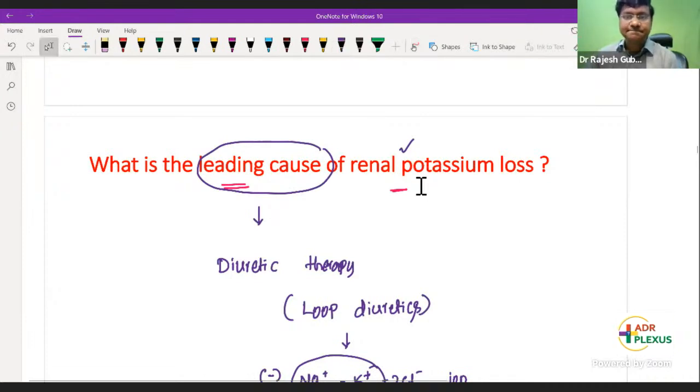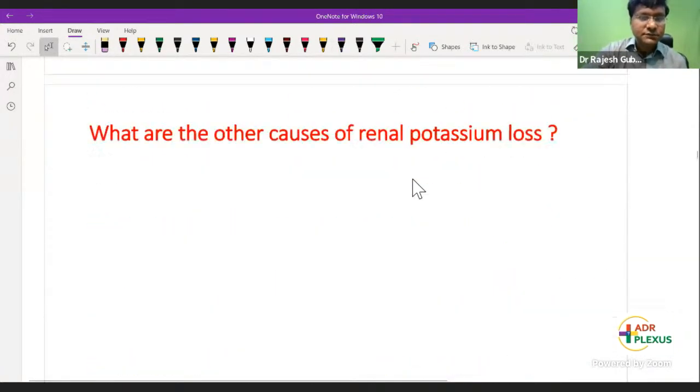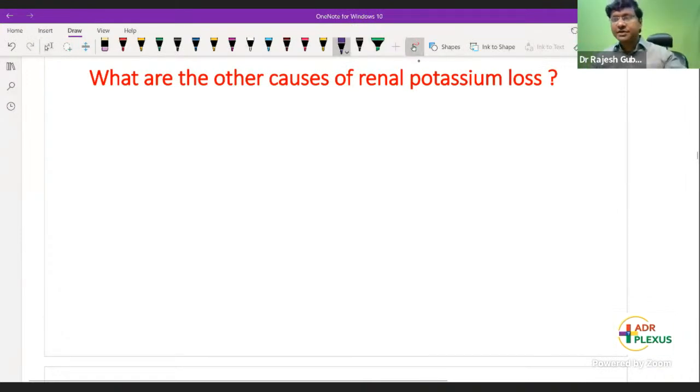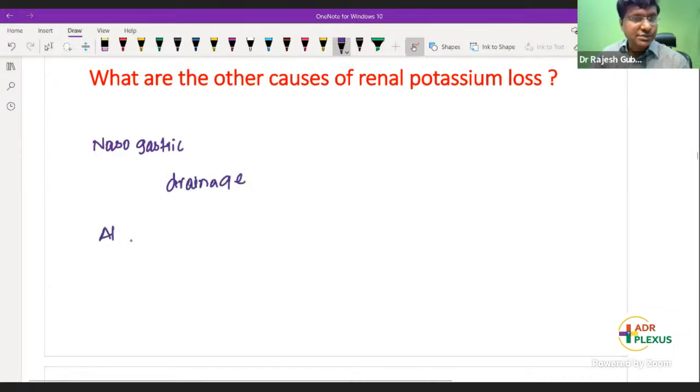Having said this, what are the other causes of the renal potassium loss? One is your diuretic therapy. The other causes include number 1, nasogastric drainage, number 2, alkalosis, number 3, magnesium depletion.